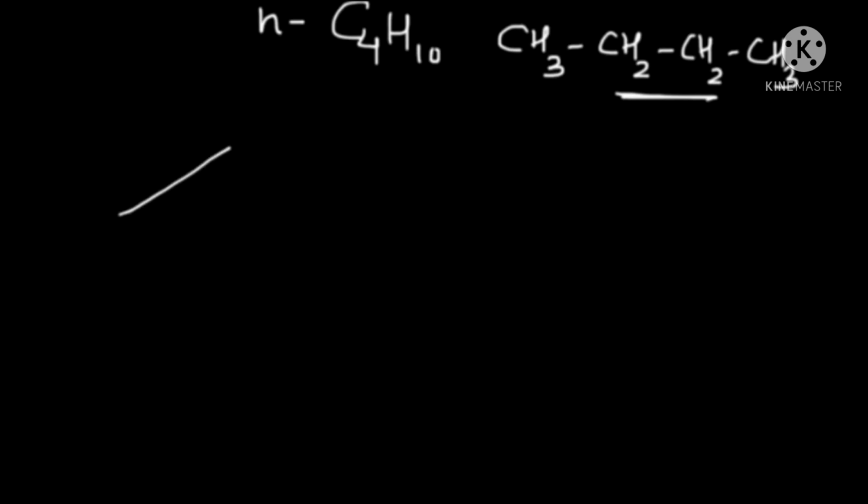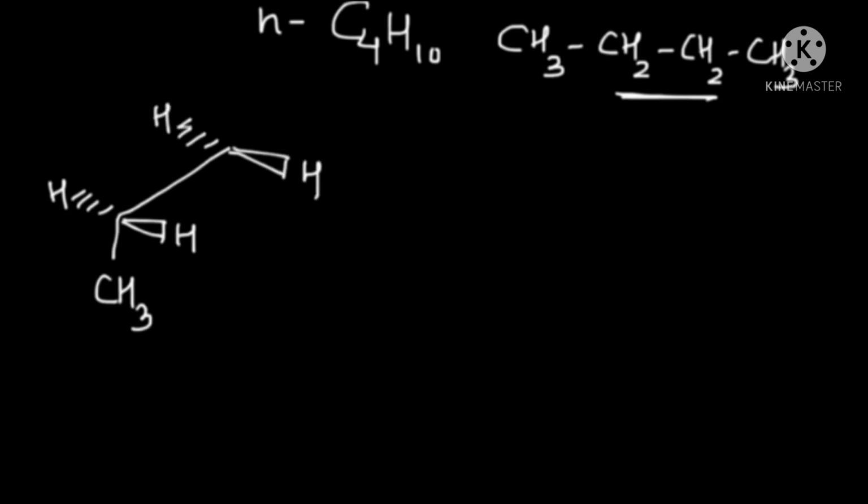Then we can put one CH3 group on this bottom line and send one hydrogen on a dash and other hydrogen on a wedge. For the other CH3 group and the hydrogen atoms, we can do the same and place the two hydrogens on the wedge and dash, and the CH3 group can go straight up.